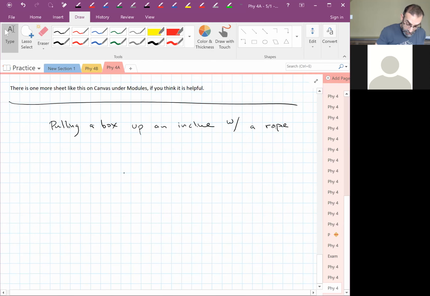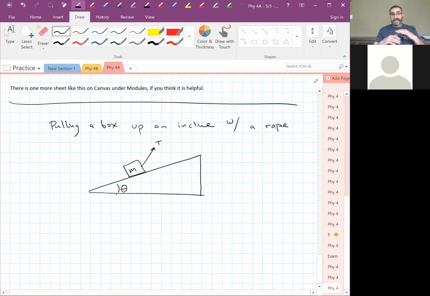So our picture would look something like this. And we're going to make this a little more complicated. We're going to have our rope at an angle. So this angle is theta, where the incline makes an angle theta with the horizontal.